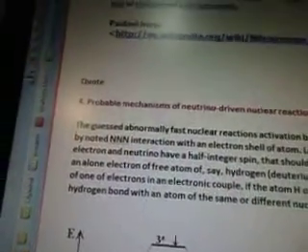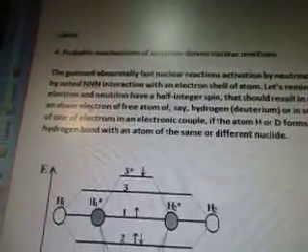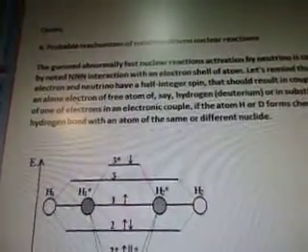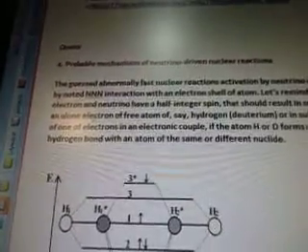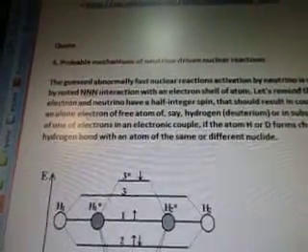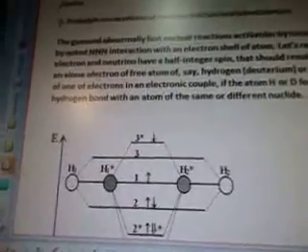This is probable mechanisms of neutrino-driven nuclear reactions. I wanted to see if neutrinos could be used in reactors, because we use a form of reactors to deal with the liquid hydrogen and the gases that they use to get up into outer space.